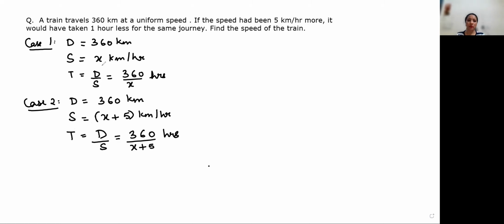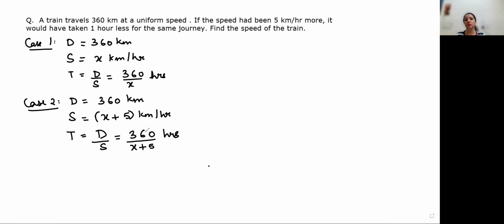Now in the question, it is given if the speed had been 5 km per hour more, it would have taken 1 hour less for the same journey. So the difference between this time and this time is 1 hour. Now, obviously, this is the bigger quantity. Here, the train is going slower, so the time taken would be more. Here, the train is going faster, the time taken would be less. So this minus this will give us 1 hour.